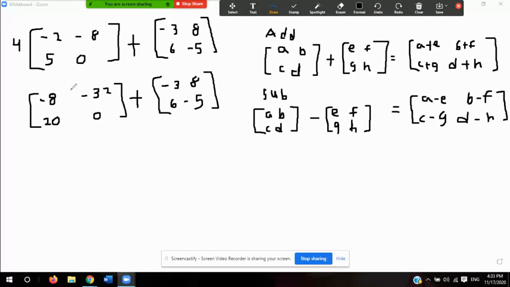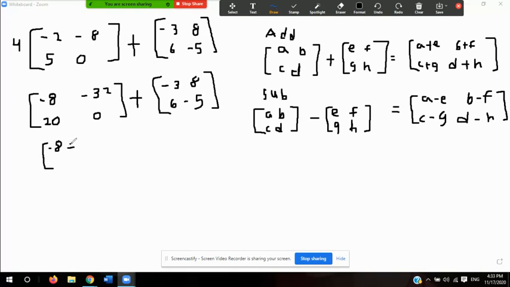Again, I was going to do this mentally, but let me just go ahead and write it. We're going to add negative 8 plus negative 3.